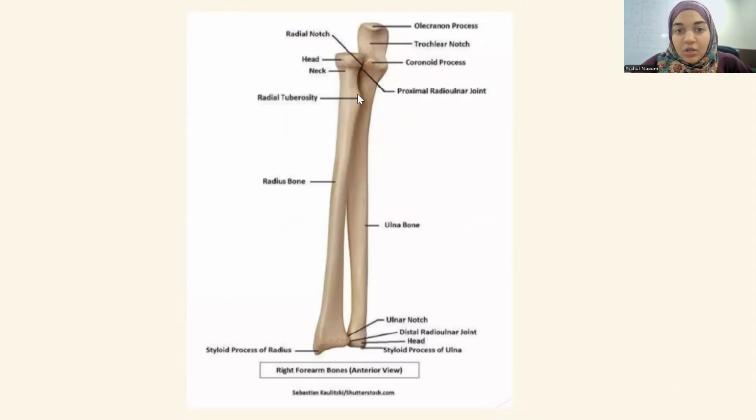So there's a proximal radio-ulnar joint, as you can see, and then there's a distal radio-ulnar joint, right? These joints allow for the pronation and supination of your arm, and we're going to see that in the following slides.